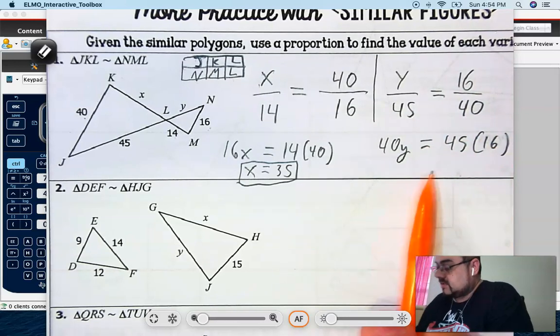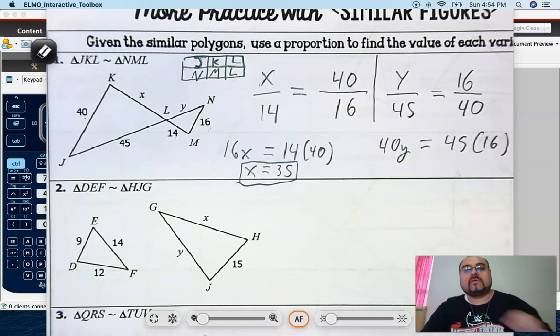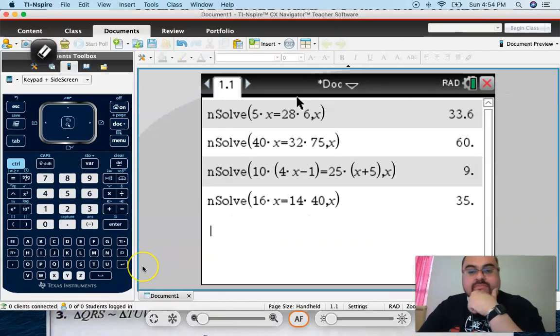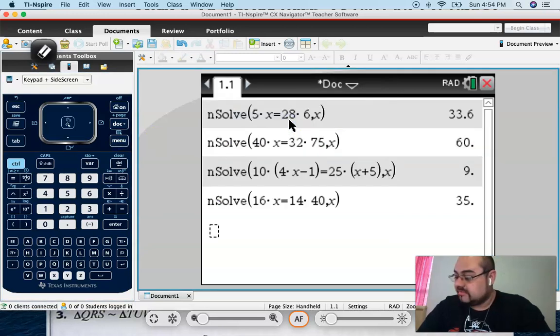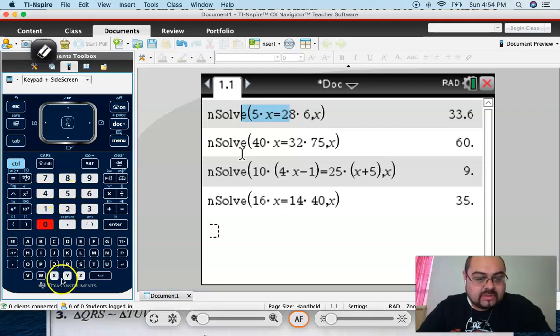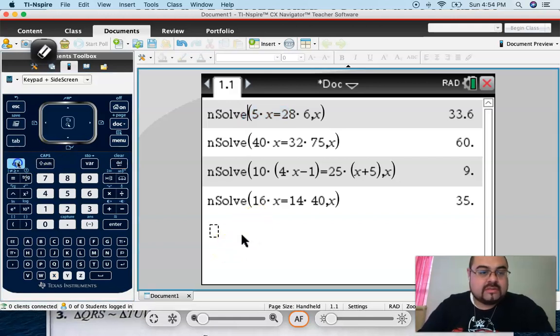Okay, let's go ahead and plug that into NSolve. Oops, I was not paying attention there. I'm just going to start all over.